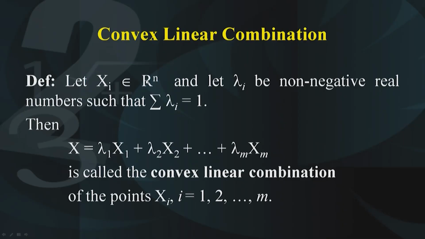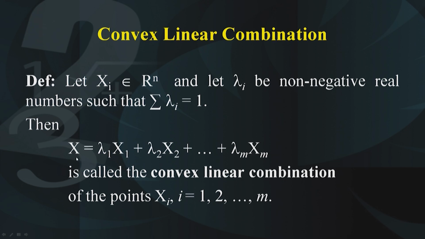Now, another definition is regarding the convex linear combination. The definition is as follows: let xi belong to Rn. So, what is this xi? Xi's are the points, let us say x1, x2, up to xn. So, suppose there are n number of points which belong to the set Rn, and let us suppose that we have some scalars, lambdas, which are non-negative real numbers such that their summation, that is the sum of the lambda i, is equal to 1.